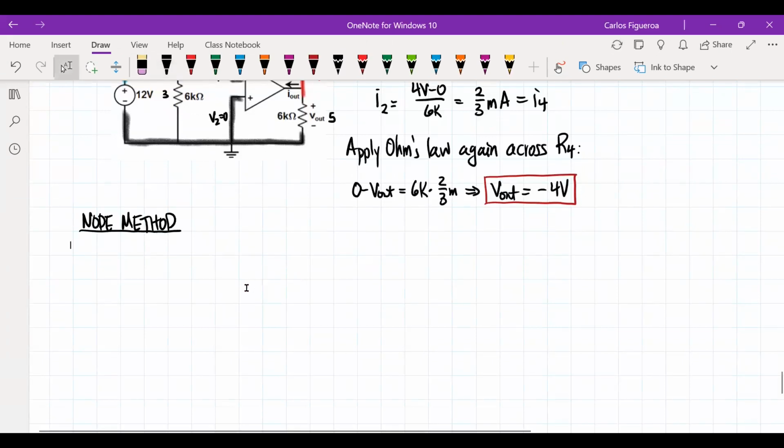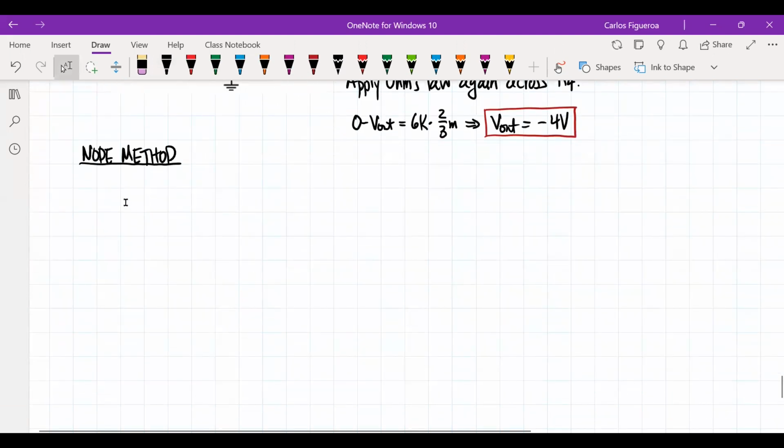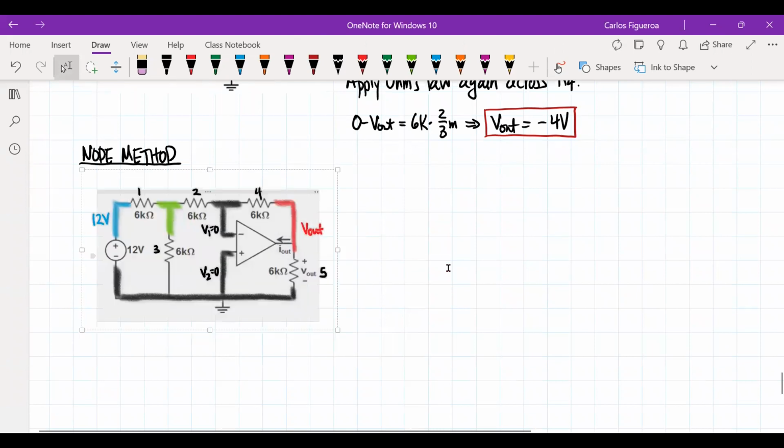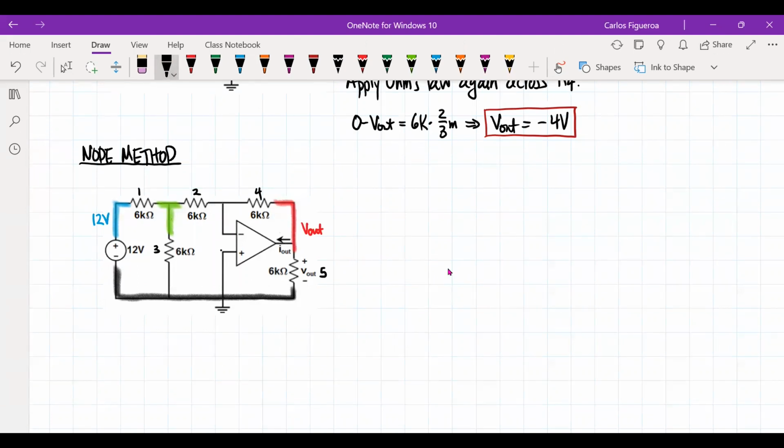So now I'm going to come back in here and paste the same circuit as we just did before. Now I'm going to treat these guys differently here. This node right here is V2, and we can see that V2 is ground.